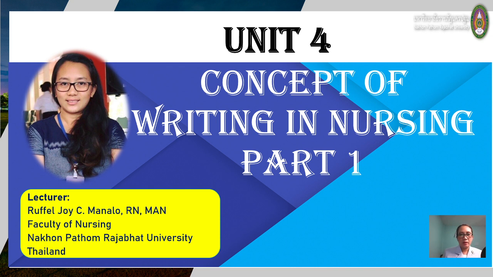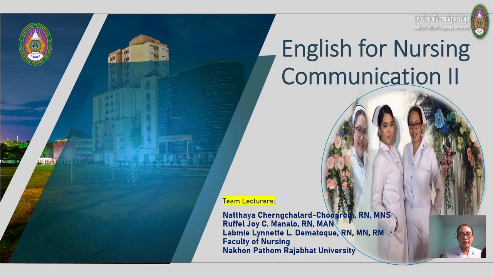So we are going to discuss the concept of writing in nursing, part 1. As I have mentioned, this is a team-teaching course by the three of us from the Faculty of Nursing.